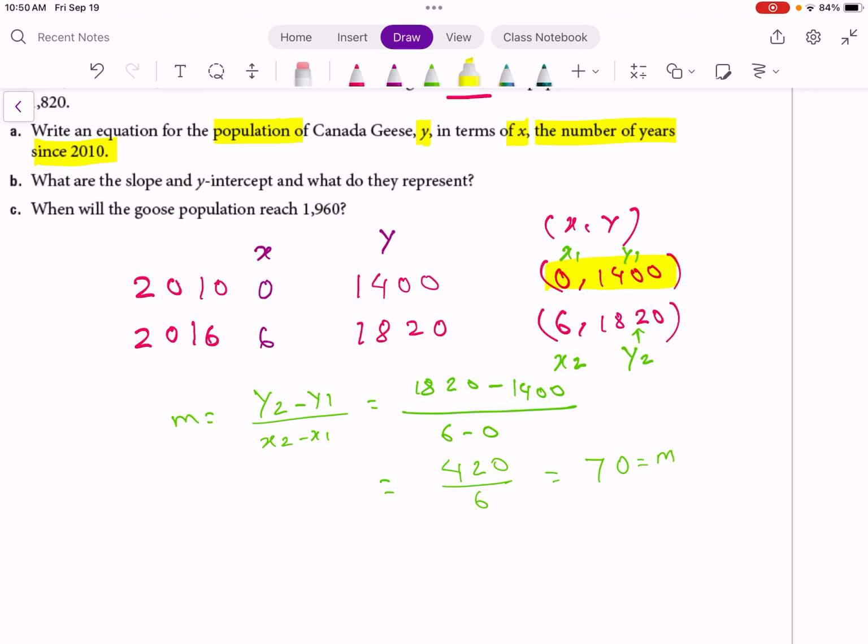So what does it mean if we have an x coordinate equal to 0? It's the y-intercept, okay? So every point with x coordinate 0 is the y-intercept. So 1400 is our b.